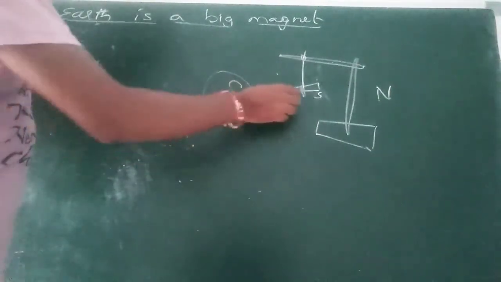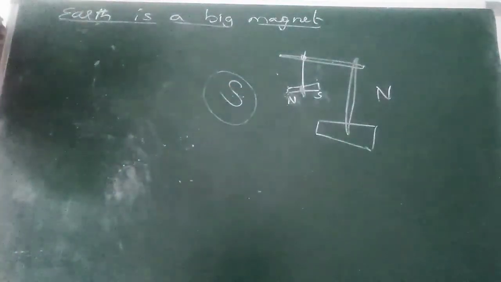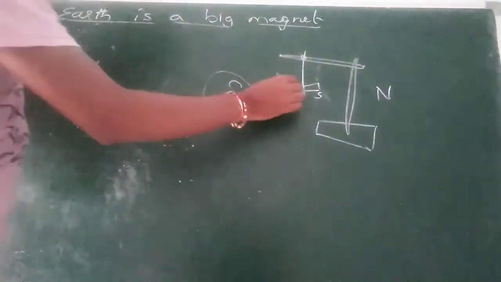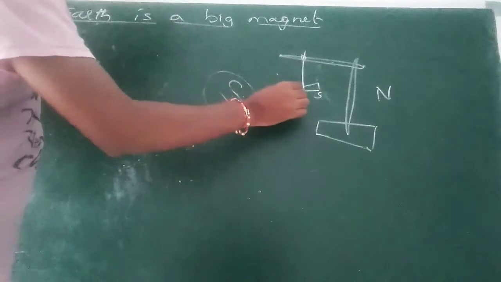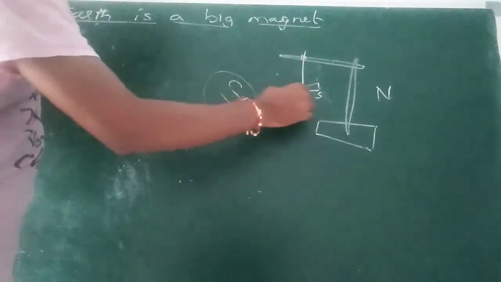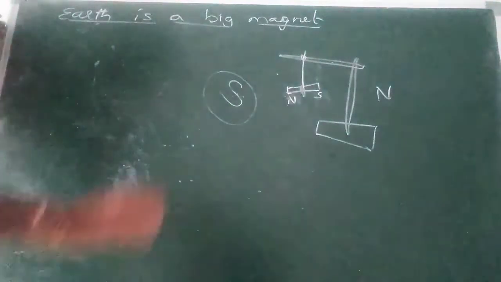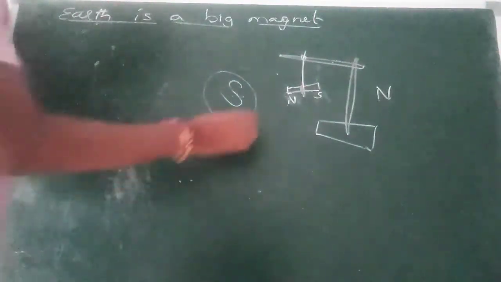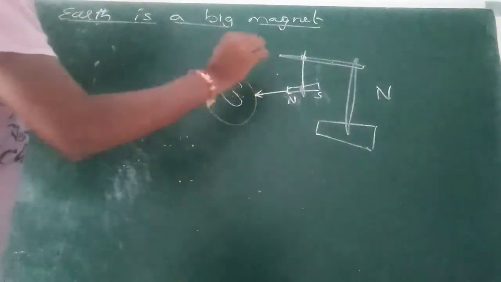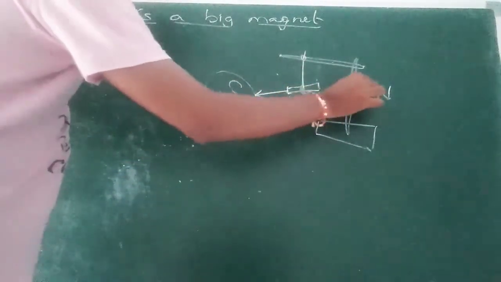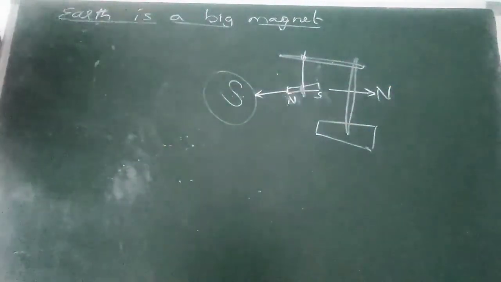As we know, opposite poles in nature attract each other. That is the reason the bar magnet always comes to rest in the north and south direction, in the same position only. That is due to Earth's magnetic field.